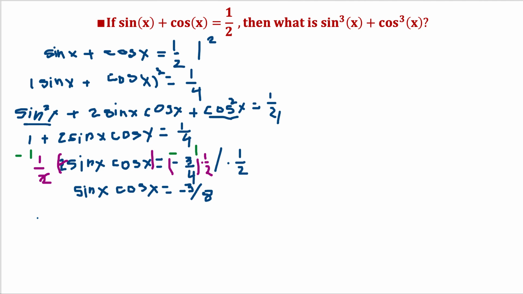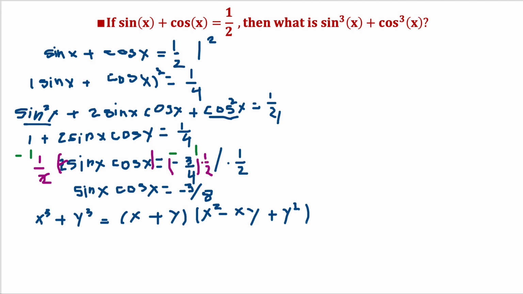And as we know from the formula, the sum of cubics, x cubic plus y cubic, we already know this formula from algebra, is equal to x plus y times x squared minus xy plus y squared. So we already know this formula.